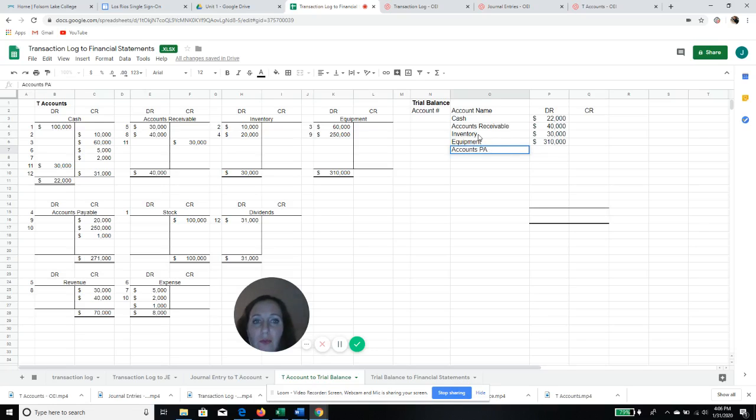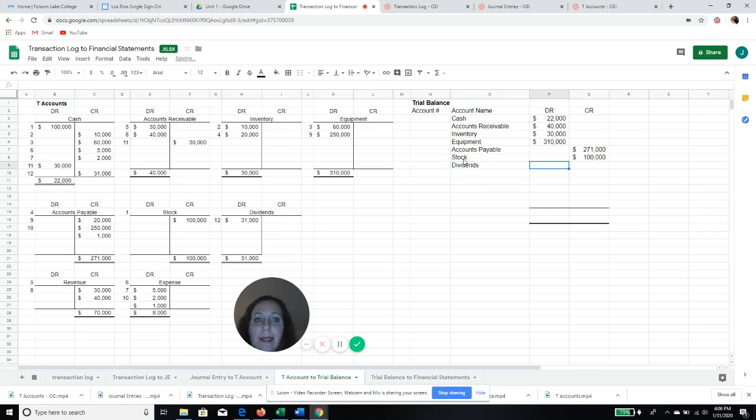Accounts payable has a credit balance of $271,000. So I'm going to enter that on the credit side. You can see we have a credit right here. All right. And stock. Stock has an ending credit balance of $100,000.